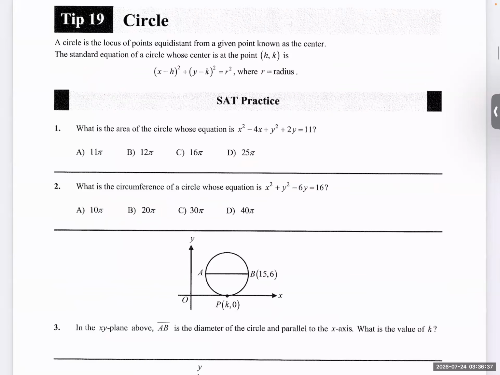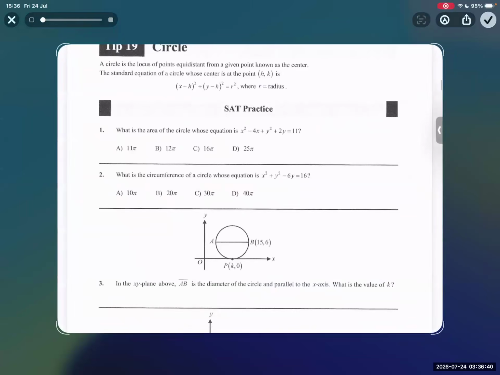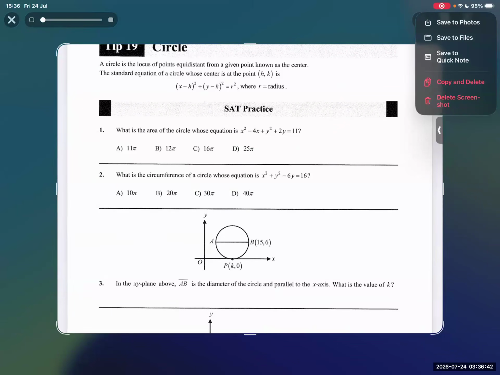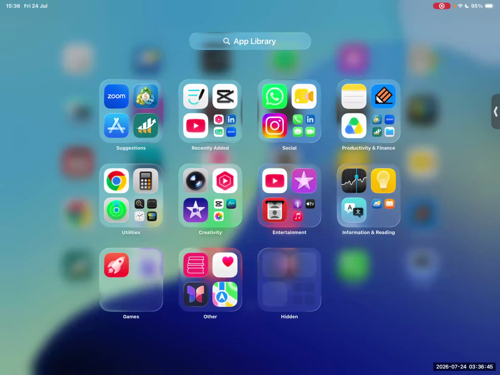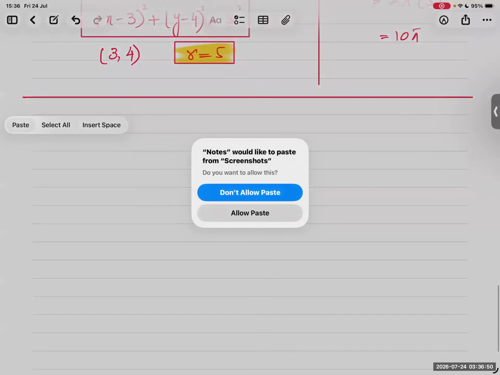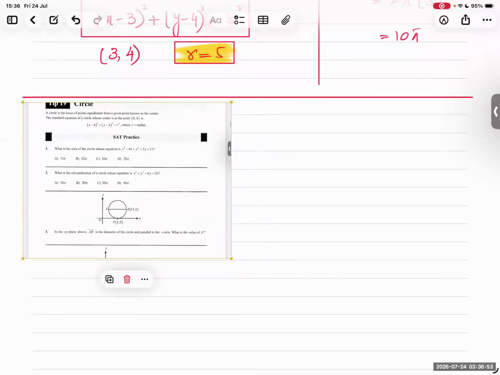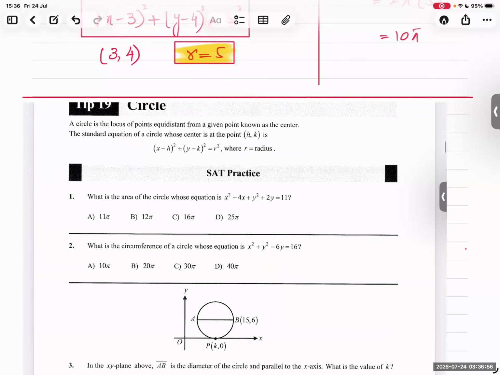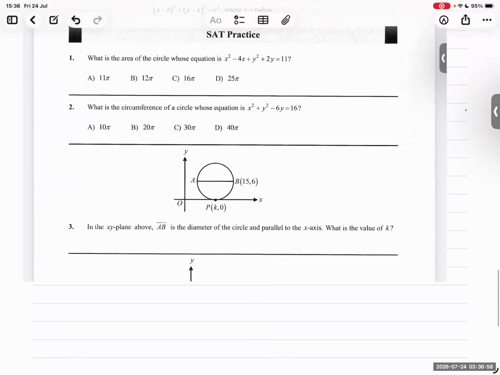So the first question looks like this. What is the area of the circle whose equation is x square minus 4x plus y square plus 2y is equal to 11?